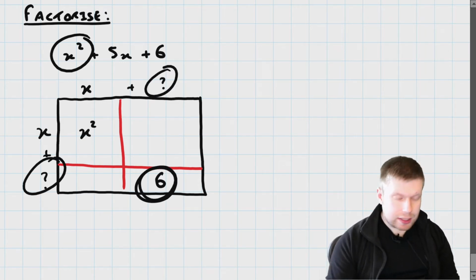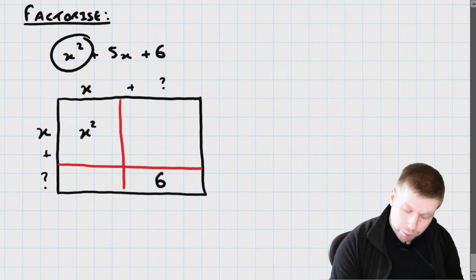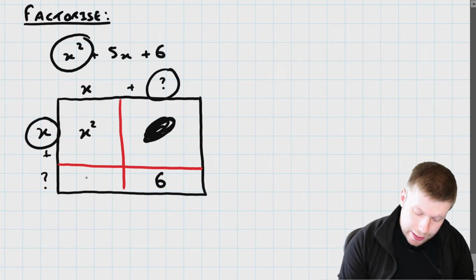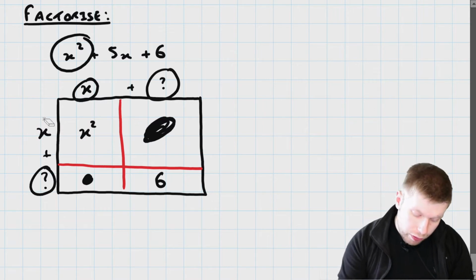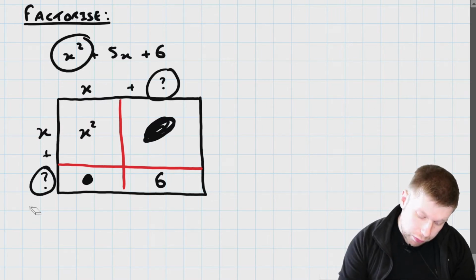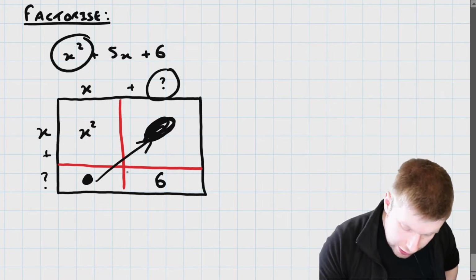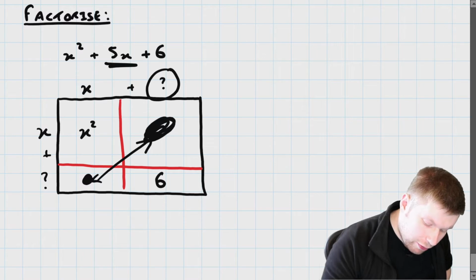So this times this has to multiply together to make 6. But I also know that this thing here is going to come from this times this, and this thing here is going to come from this times this. So in other words, my 2 unknowns have got to multiply together to make my 6, and I know that my 2 unknowns, these 2 pieces of my rectangle here, have got to add together to make my 5x.